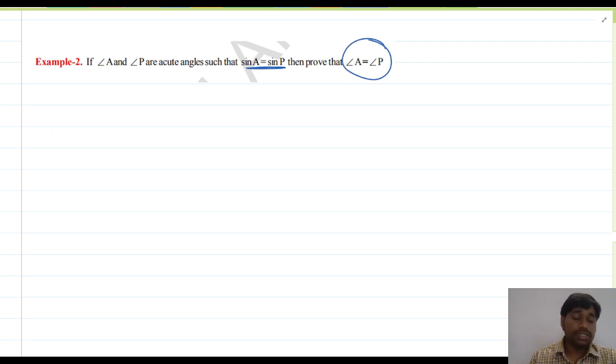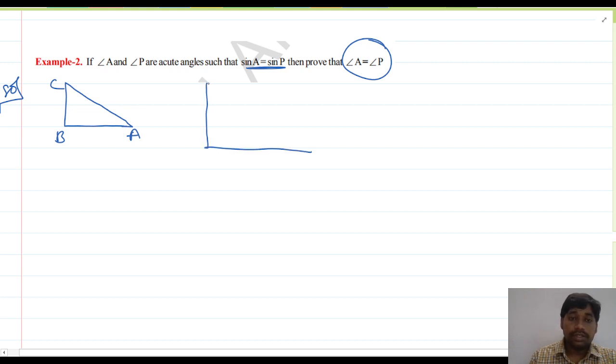We have to prove it. Remember, these are conclusions we will use in the further sections of our classes. Okay, this is one triangle, you take it like this, A, B, C. Another triangle you take as P, Q and R.